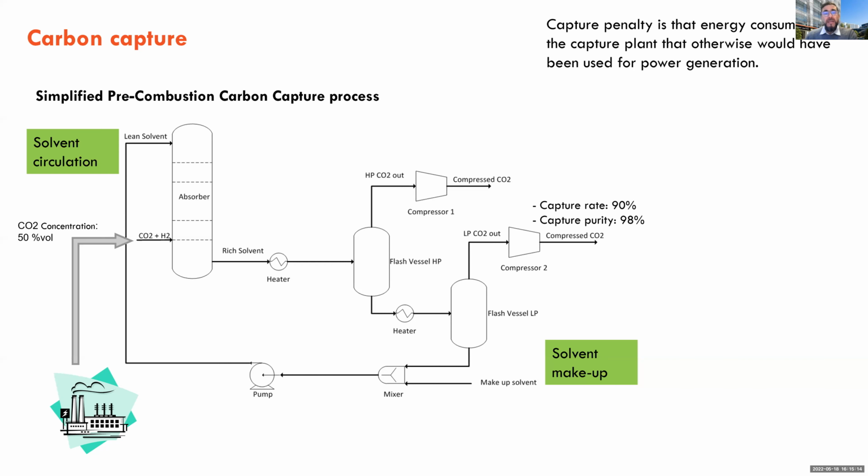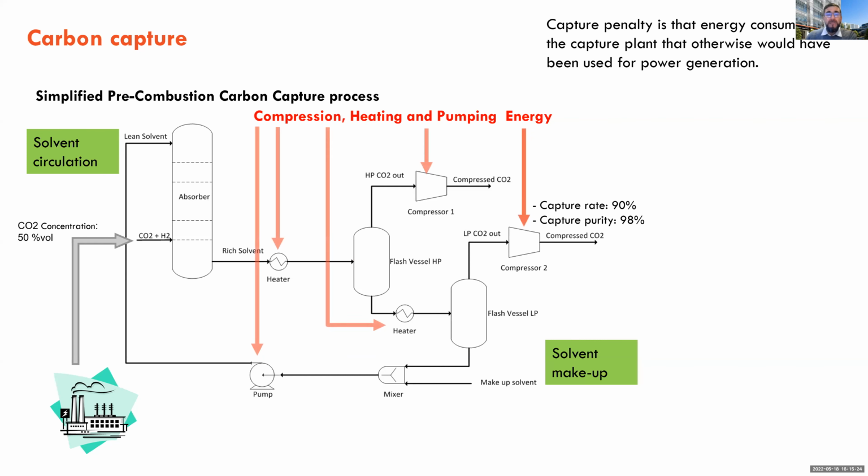And this big tower then is taking the CO2 into a separation unit downstream, and then it purifies it. You can see the purity of the CO2 on the right is at about 98%, with about 90% capturing rate. So 90% of the CO2 that comes in is captured by this plant, so it's not emitted into the atmosphere. That's the advantage of this, and that's the purpose of this.